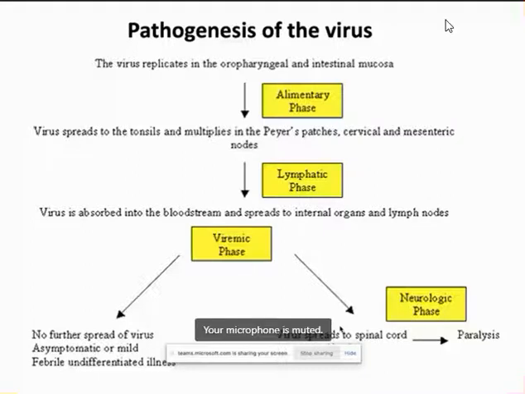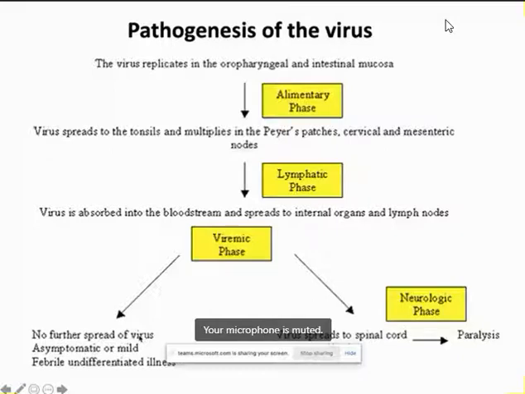That means they will ingest, they will multiply locally, and again they multiply in the local lymph nodes, lymphatic phase, and then they enter the bloodstream, that is viremic phase. In more than 95-98% of cases, the viremic phase does not spread further, the patient might have some asymptomatic features, and finally the patient resolves.